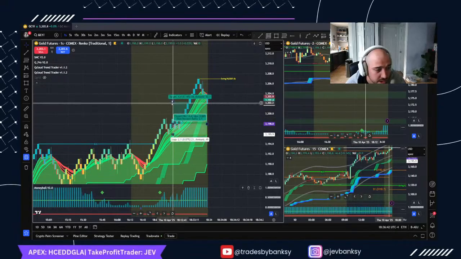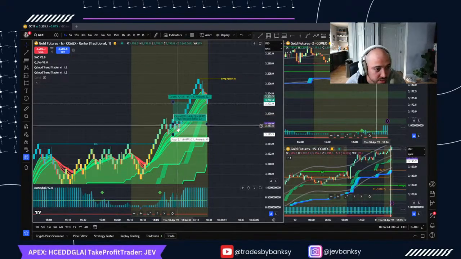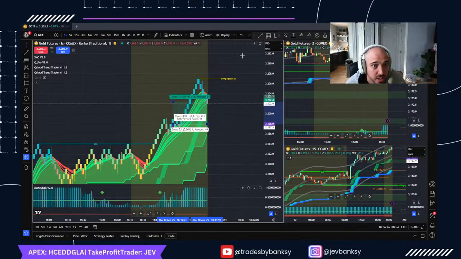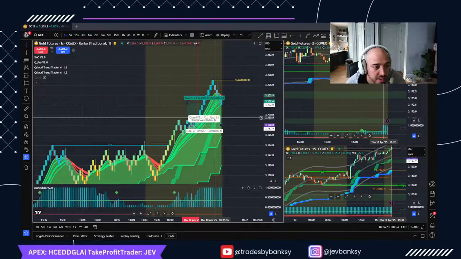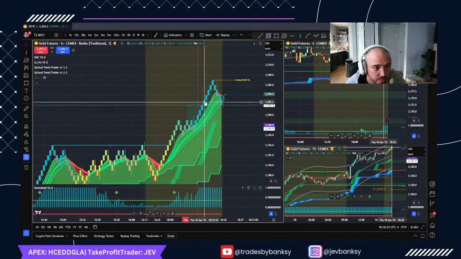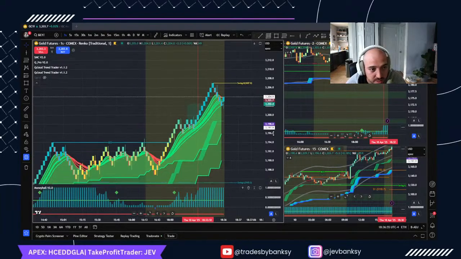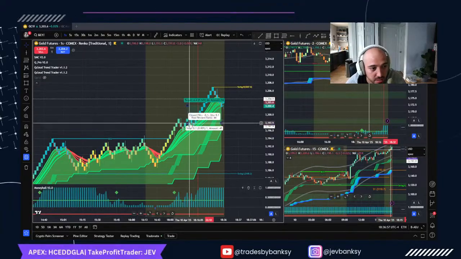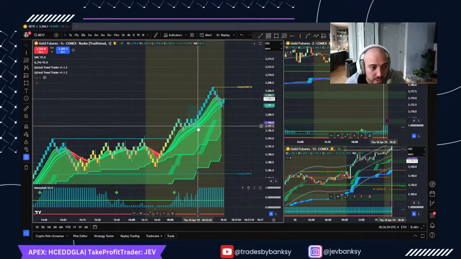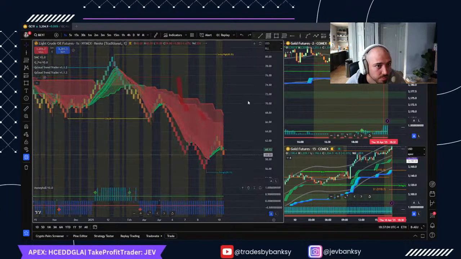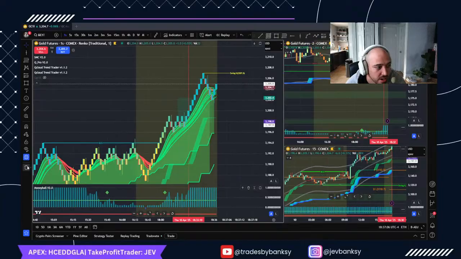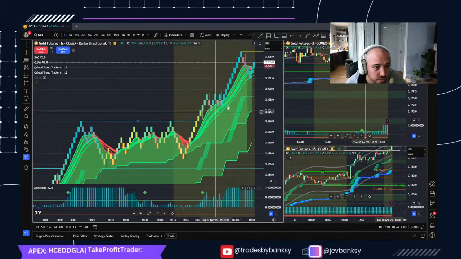And then the second box doesn't print until here, so we're at break even at this box. And after that box, it runs 2, 3, 4, 5, 6, 7, 8 boxes. So rather than small loss, full loss, win, now it's just one trade. That's a really good example too.